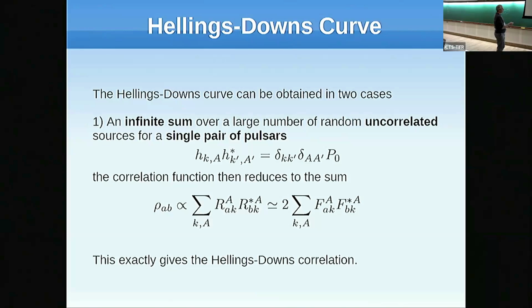And you can show that in this limit, you can also figure out that the interference from the pulsar term is not important. So this is roughly twice this f function, and this is exactly the Hellings-Downs correlation. Yeah? So if you neglect interference and have many sources, what you get is exactly Hellings-Downs.